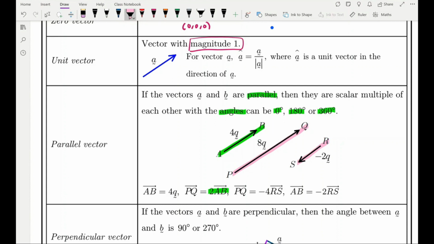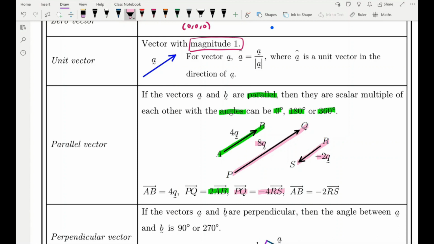For the magnitude, PQ is negative 4 RS because we have 8 and negative 2, so when we divide, we get negative 4.